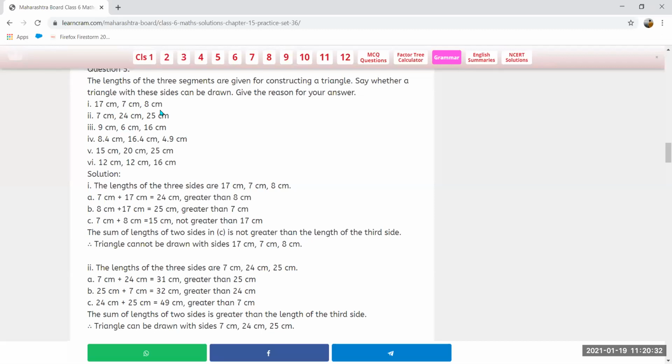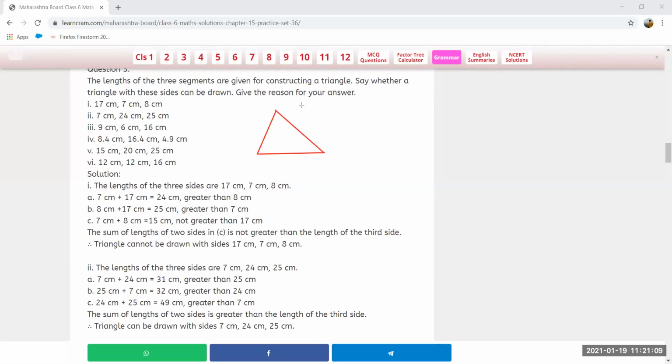Now, as I told you earlier, if the sum of two sides is greater than the third side, then the triangle can be formed. For example, see, if this is one of the triangles, and this is the third side.